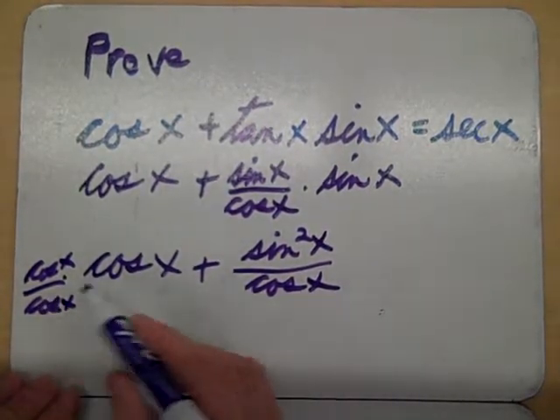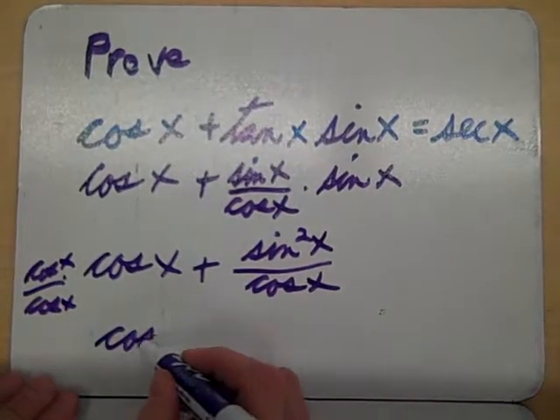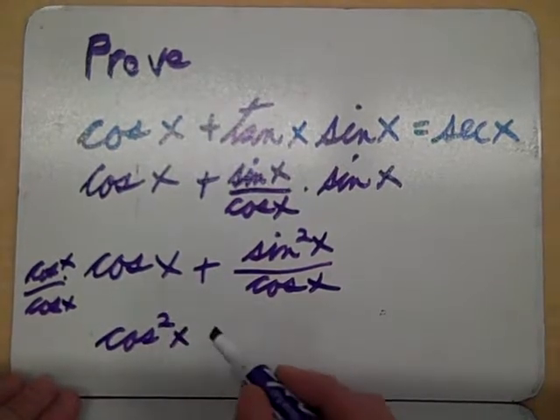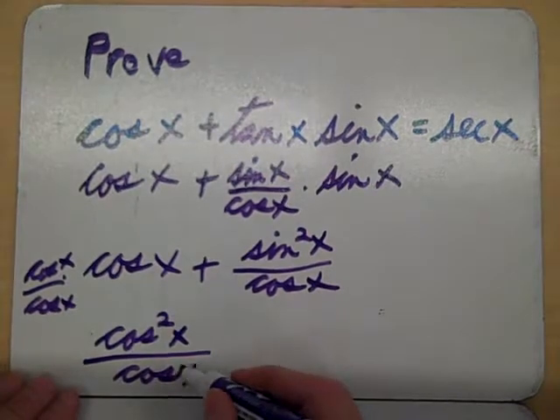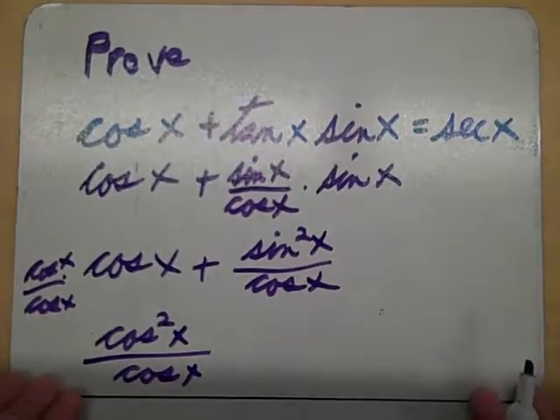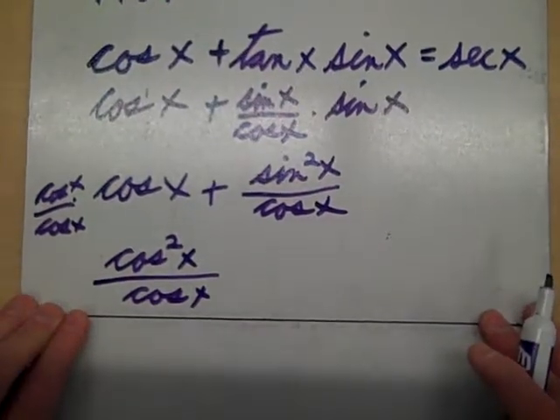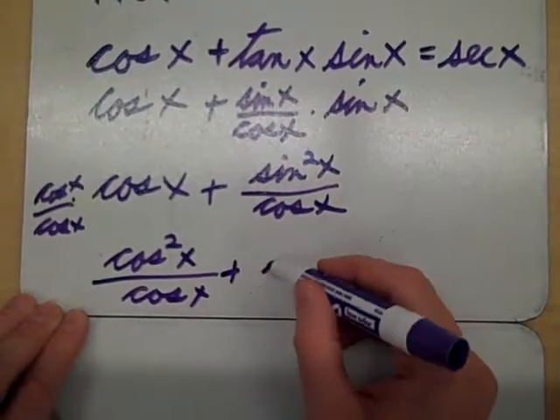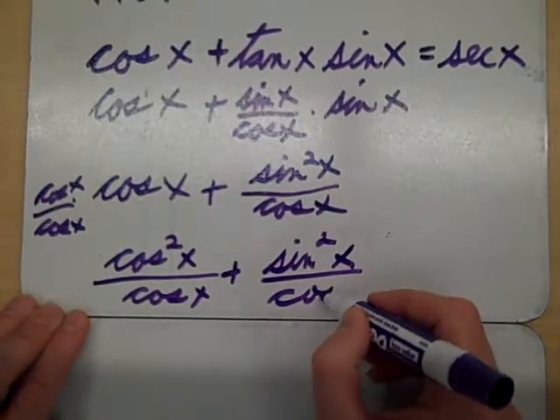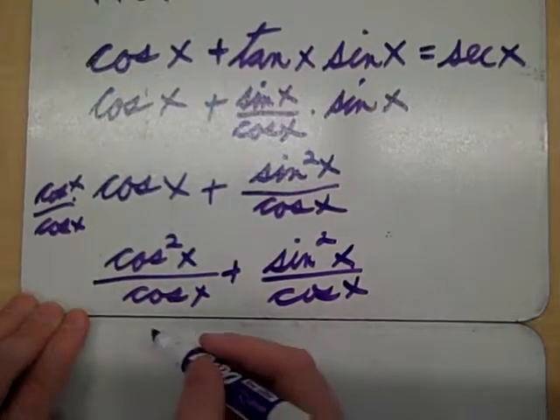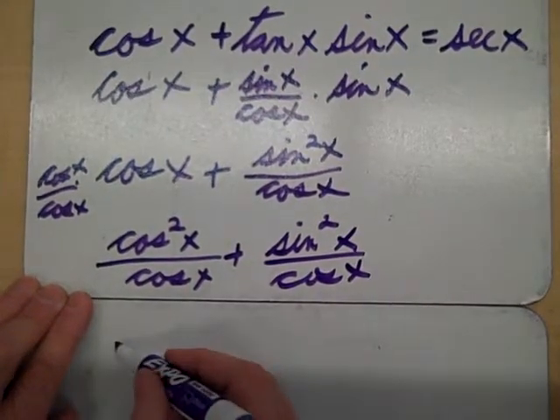So I'm looking at cosine squared x over cosine x plus sine squared x over cosine of x. And let's write it as 1 since I have a common denominator now.